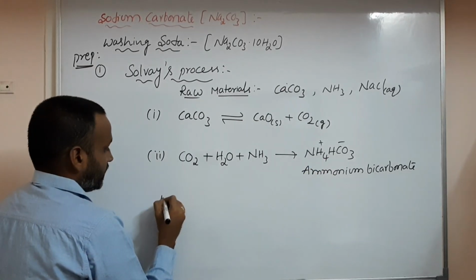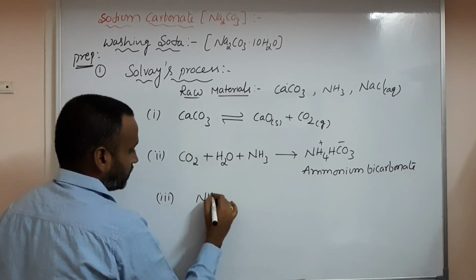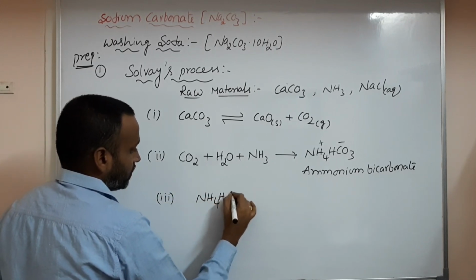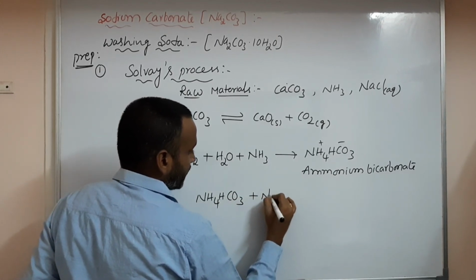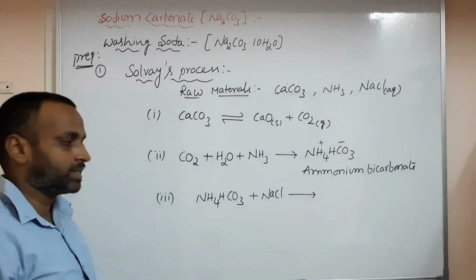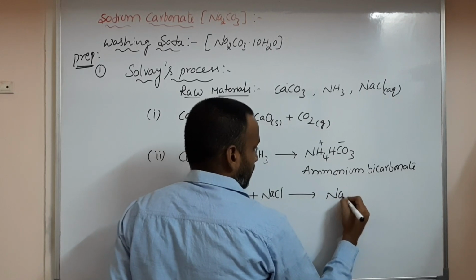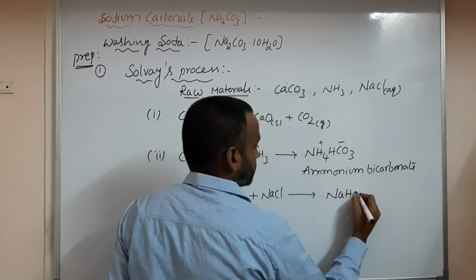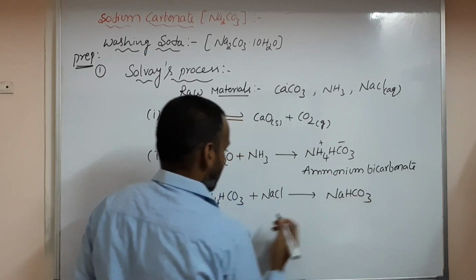Next is the third step. This formed NH4HCO3 will combine with NaCl, then NaHCO3 will be obtained.